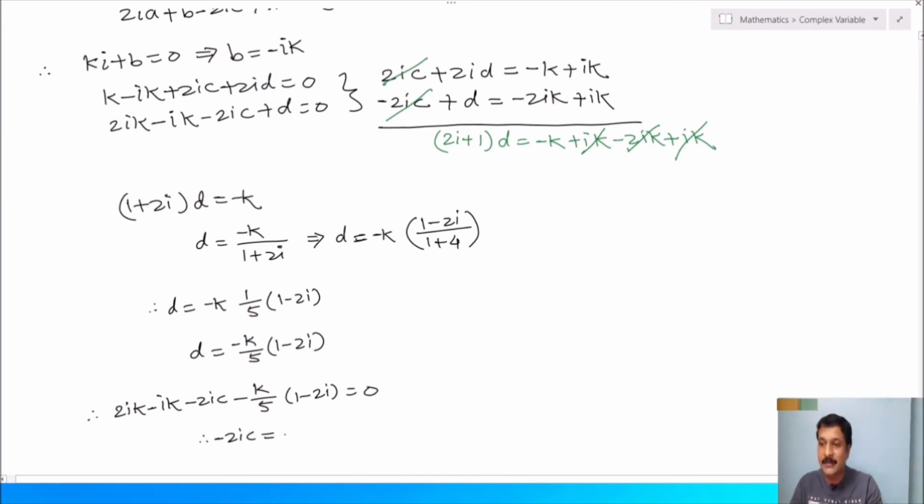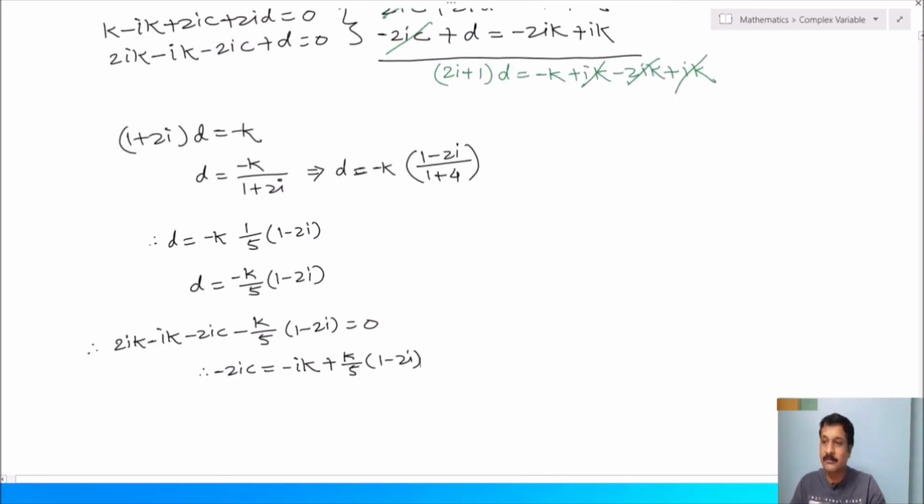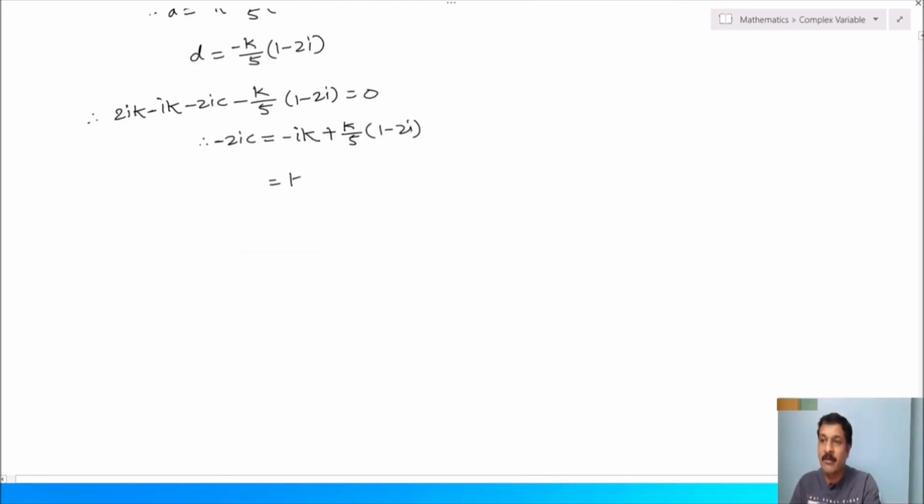That side it becomes minus ik, and plus k by 5 in bracket (1 minus 2i). Simplify this now. Here k common, in bracket minus i plus 1 by 5 minus 2 by 5 i, and it is minus 2iC. Therefore what is the C value? It is k by minus 2i.